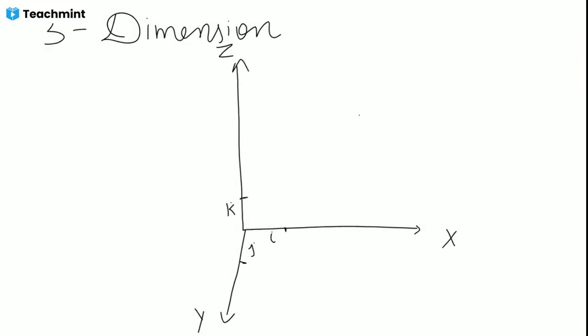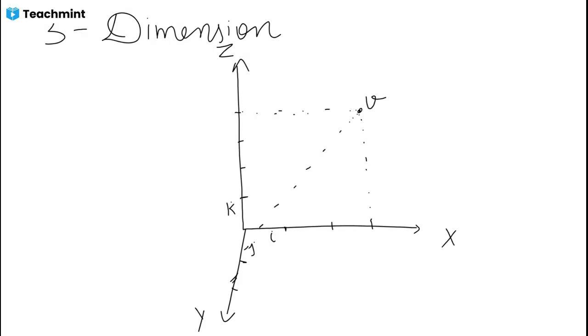So if we have 3 on the x-axis, 4 on y, and let us say 4 on z, sorry, and 2 units away from the y-axis, here we have vector v.